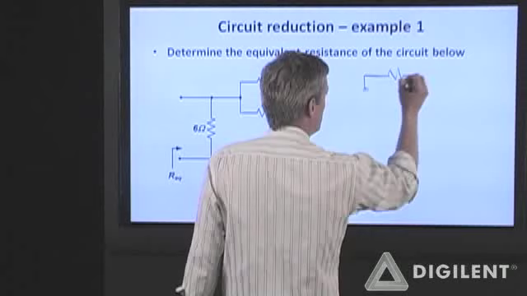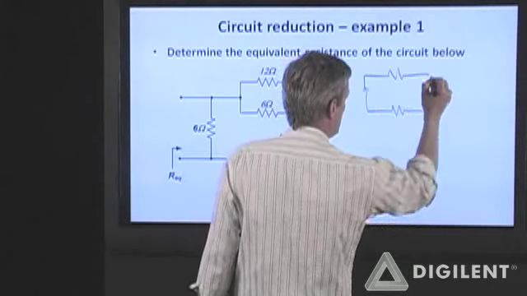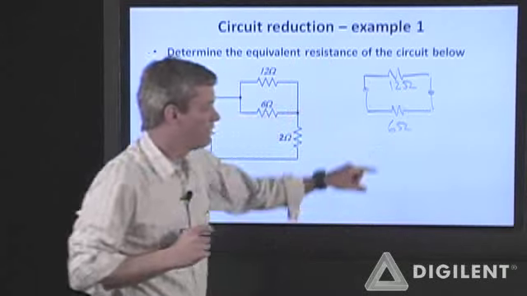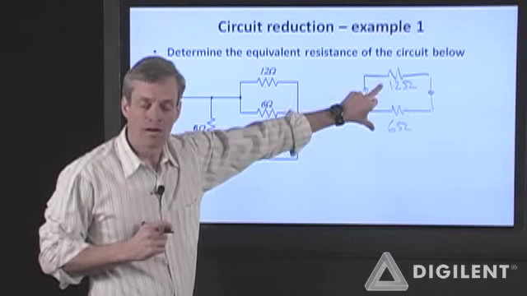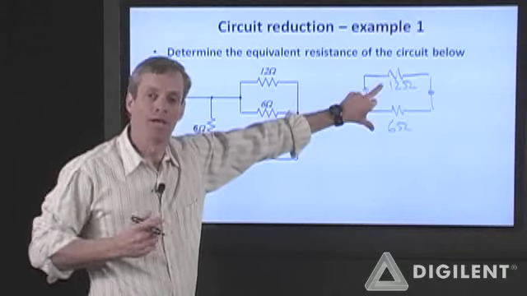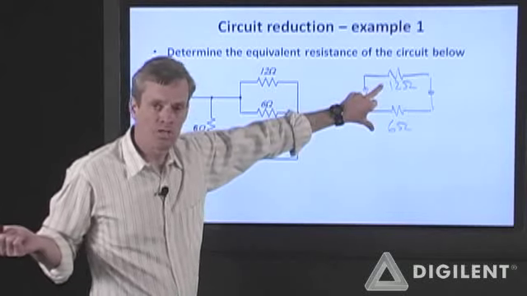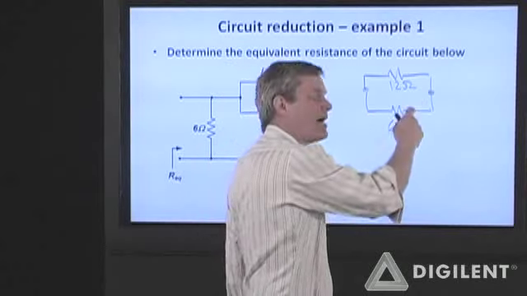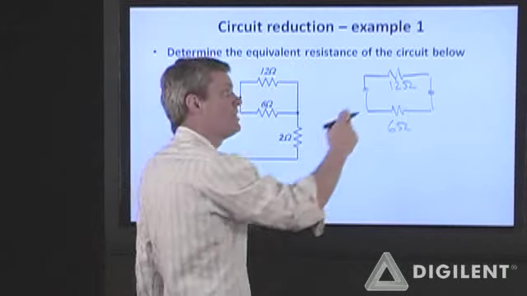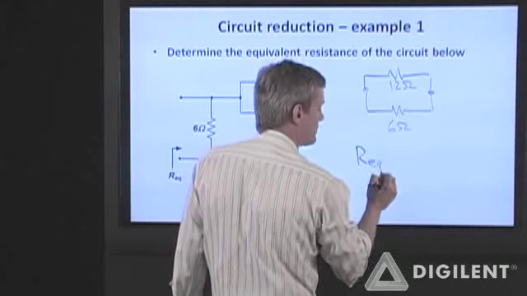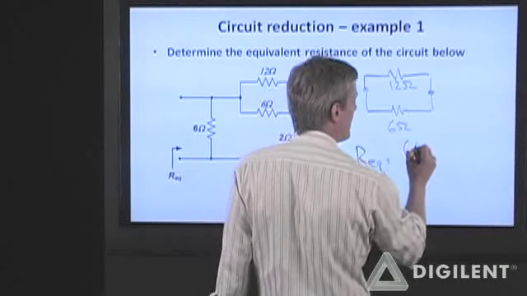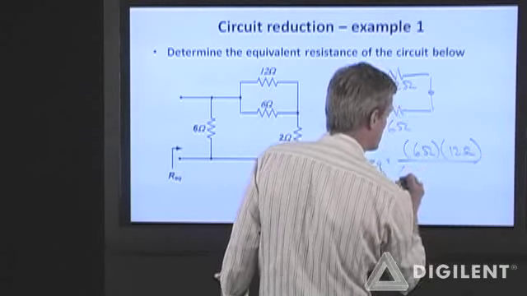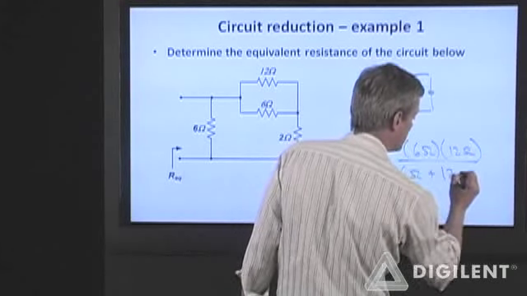So if I take a look at this combination, 6 ohms and 12 ohms, the equivalent resistance of a parallel combination of two resistors. Two resistors, as you recall, were a special case. I can multiply these two resistances together and divide by the sum of the resistances. So the equivalent resistance of this particular combination can be determined as 6 ohms times 12 ohms over 6 ohms plus 12 ohms.